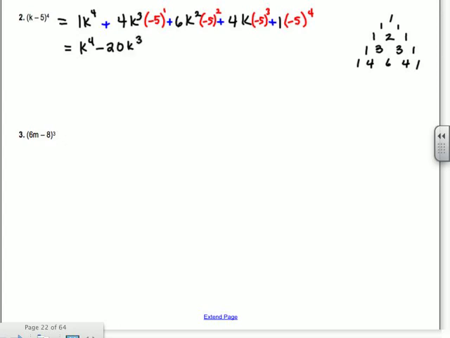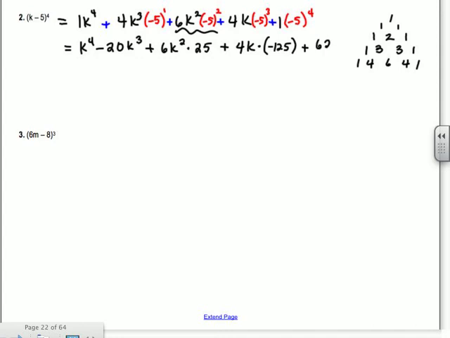I'm going to have 6k squared times, what's negative 5 times negative 5? 25, right? Then 4k times, what's negative 5 times negative 5 times negative 5? Negative 125. Plus negative 5 to the fourth, which would be 625.